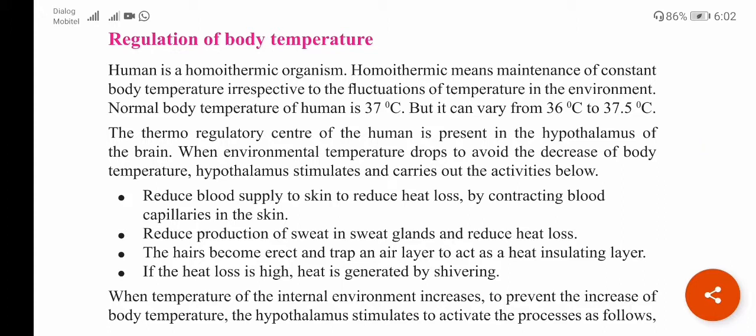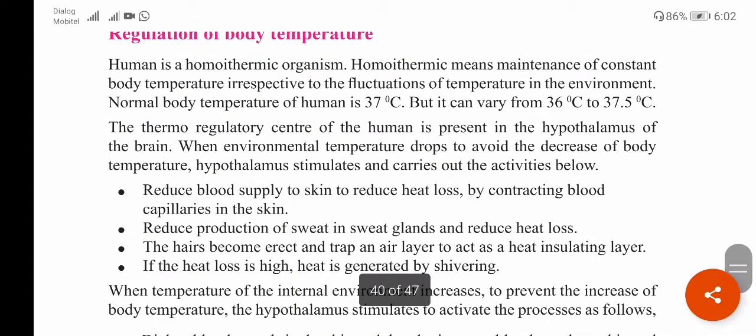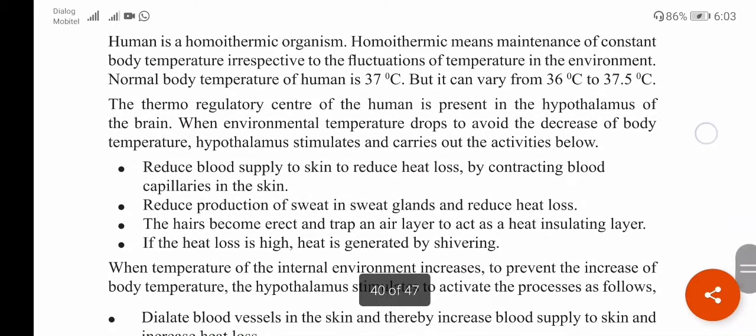Our normal body temperature is 37 degrees Celsius, but it can vary from 36 to 37.5 degrees Celsius. The thermoregulatory center of the human is present in the hypothalamus of the brain.